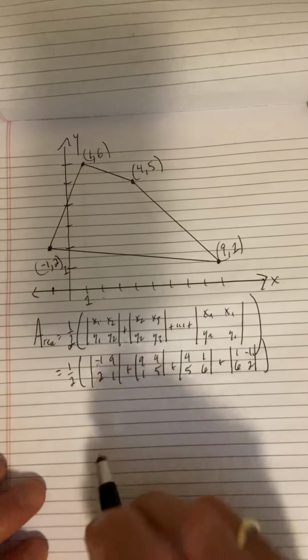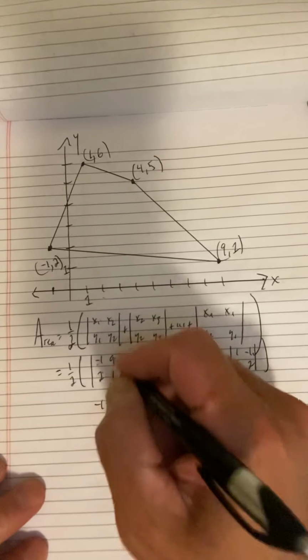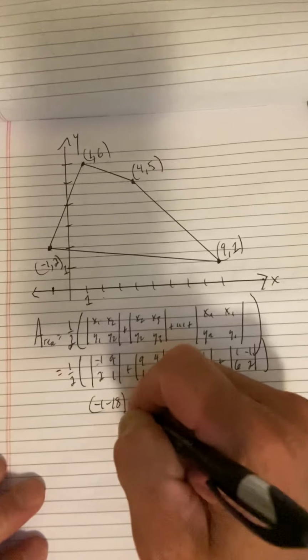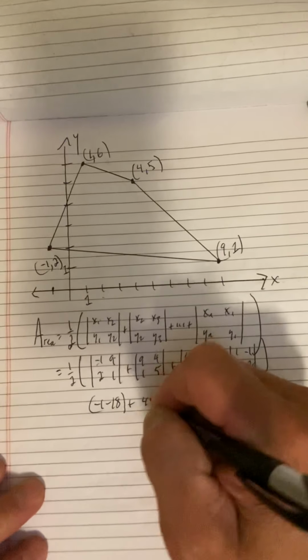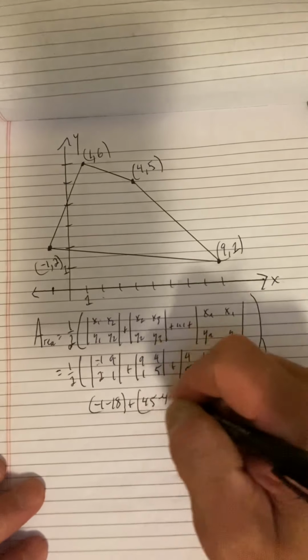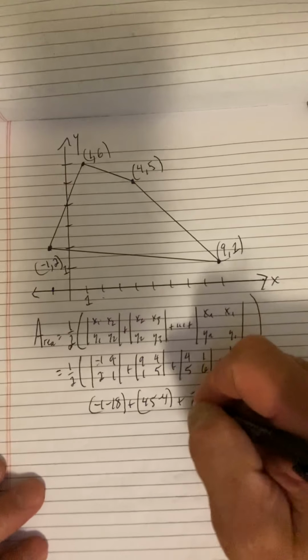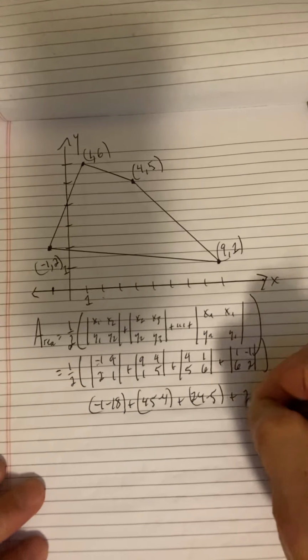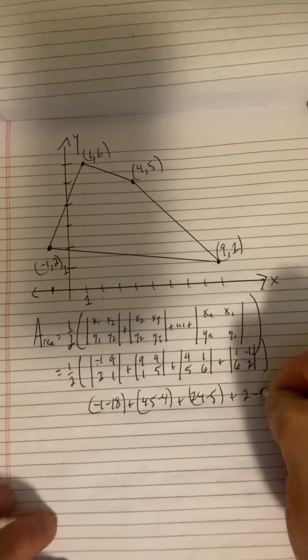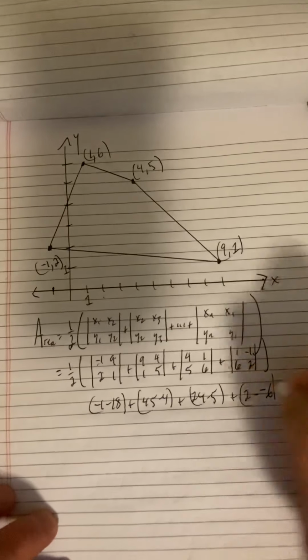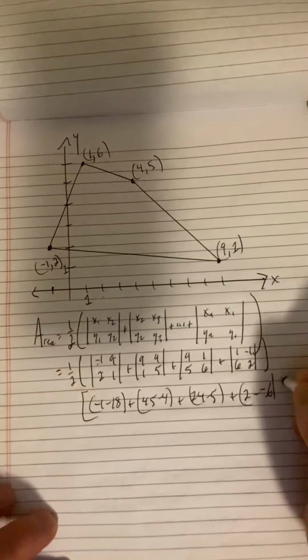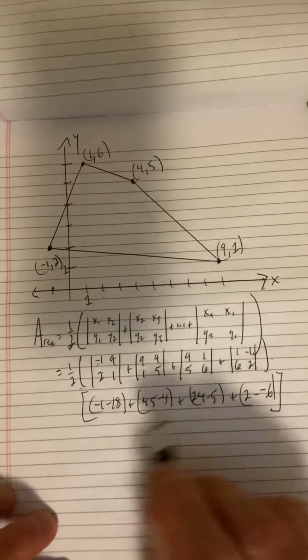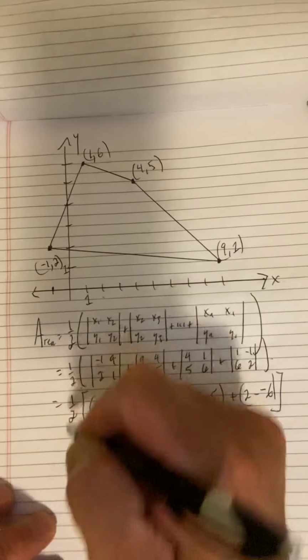Remember, you go this times this, so that's a -1, minus this times this, that's 18. Plus 9 times 5 is 45 minus 4. Plus 4 times 6 is 24 minus 5. And then plus 1 times 2 is 2 minus a -6. And then all of this is inside a pair of parentheses being cut in half.